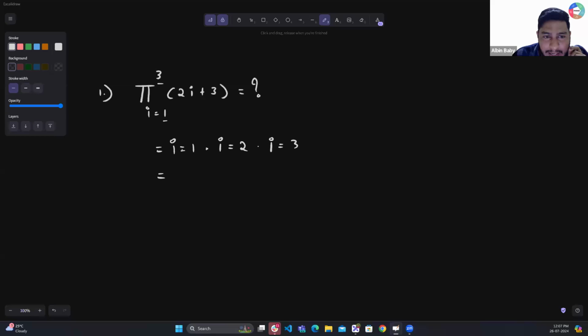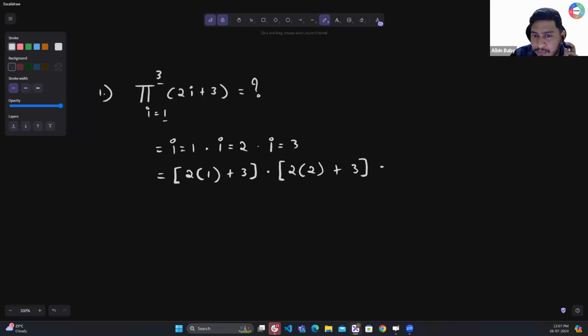Okay. So if you write down the sequence, it will be 2 times 1 plus 3, times 2 times 2 plus 3, into or times, you can say both of it, right? Okay.